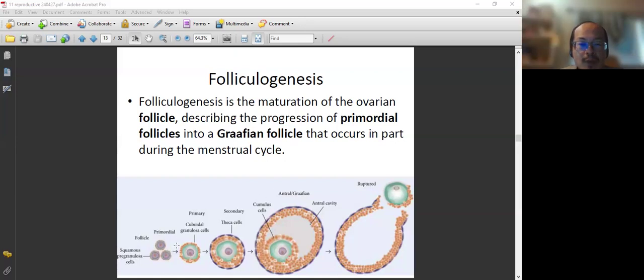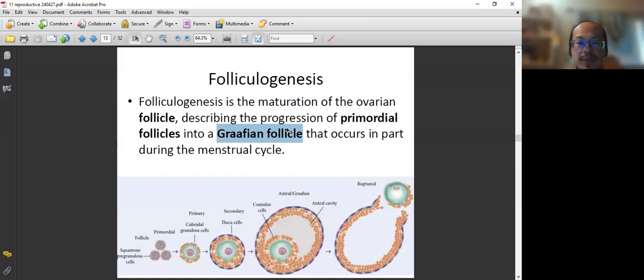That is the primordial, because they don't develop their follicle yet. Now, another one is that once it develops, you have primary, secondary, and then tertiary, the Graafian follicle. We mentioned these terminologies in our lab. So it's very common. People name that final follicle the Graafian follicle, so you better know it.